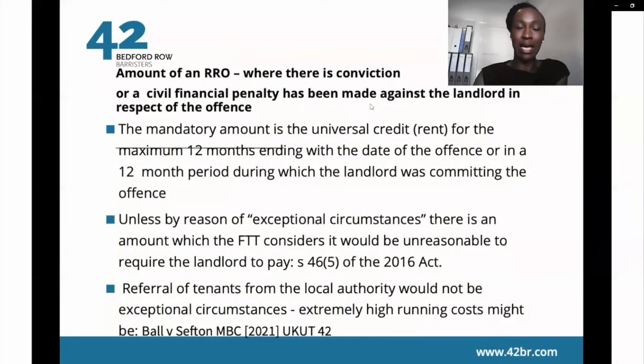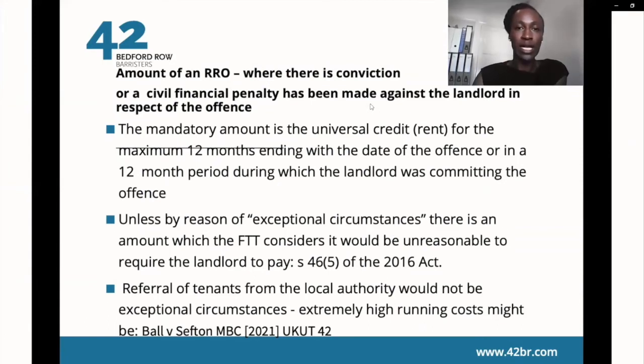And so I'll just pick up where Howard has left off, because the first consideration for the tribunal is, has the landlord been convicted or not? And obviously it's not just a conviction, it's also whether they've received a financial penalty in respect of a specific offence.